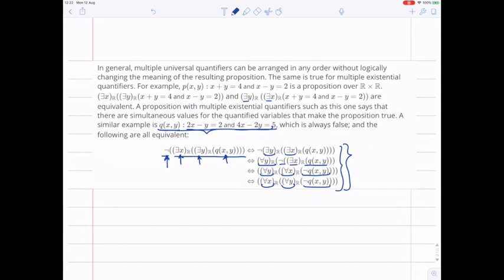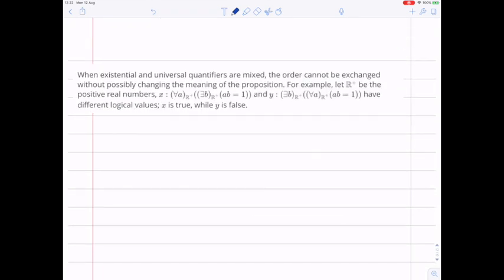So it turns out there are many, many ways that you can write any particular compound logic statement. However, you need to be a little bit careful. If you have existential and universal quantifiers mixed up, then the order cannot be exchanged without possibly changing the meaning. So let's have an example.